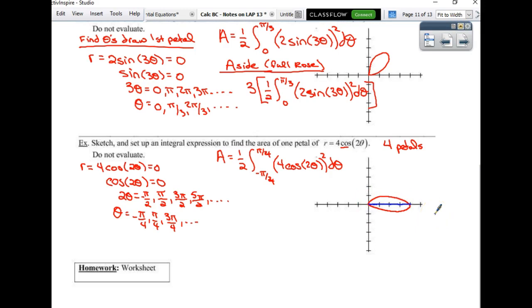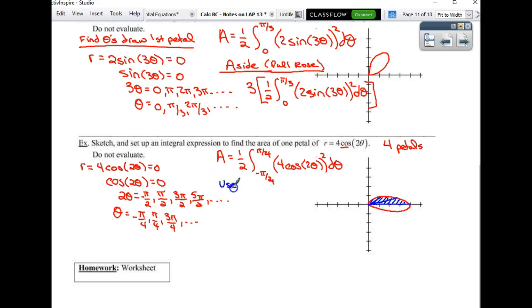So instead of going from negative pi fourths to positive pi fourths, what's another thing I could do? What if I wanted to go from 0 to pi fourths? Well, that would give me the upper half of this petal, wouldn't it? And if I get the upper half of the petal, what could I do? If I multiply it by 2, now I've done what?